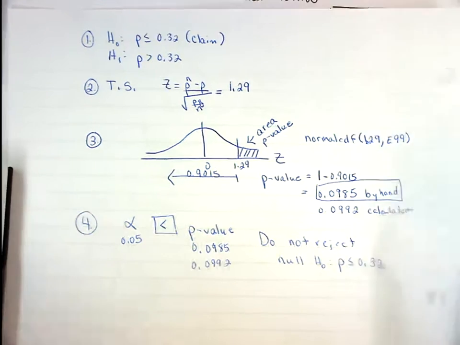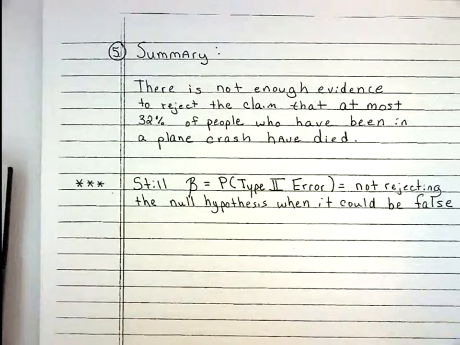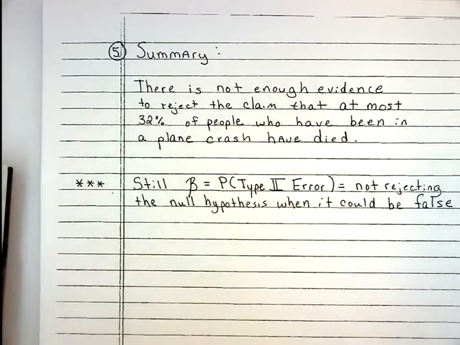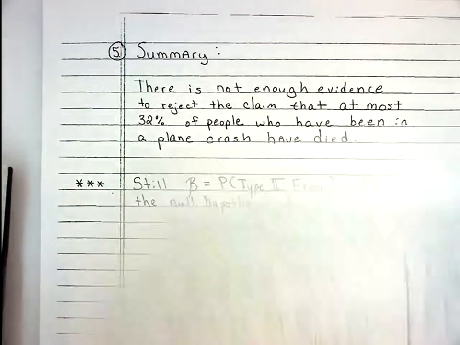As a reminder in your lecture notes, because the claim is the null and we do not reject the null, there's not enough evidence to reject the claim that at most 32% of people who have been in a plane crash have died. And that concludes problem number 1 in terms of z-test problems.